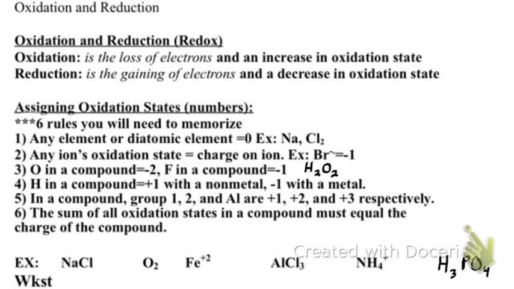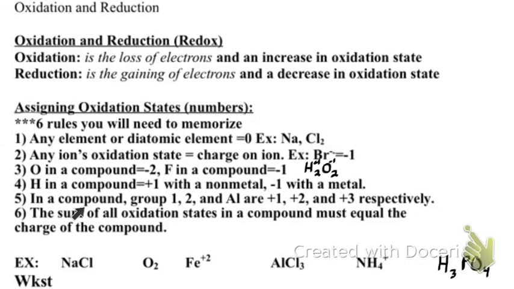Oxygen, when it's in hydrogen peroxide, has only a -1 charge to counteract the positive charge of hydrogen. Alright, rule number 4, hydrogen in a compound is +1 if it's with a nonmetal and -1 if it's with a metal. So that goes back to our H2O2, because oxygen is a nonmetal, hydrogen was +1.